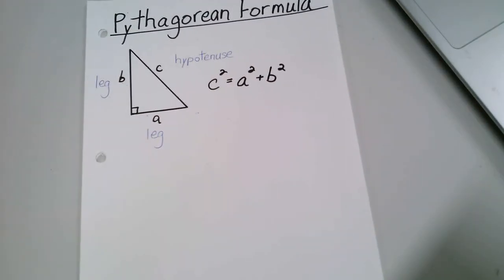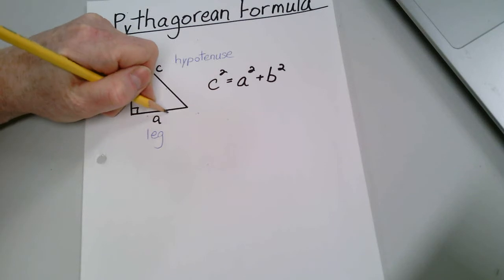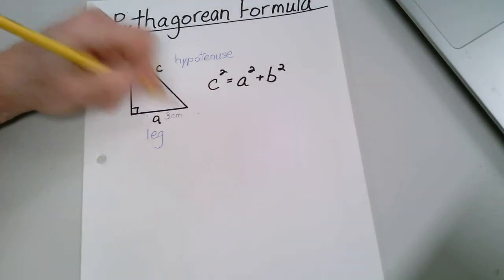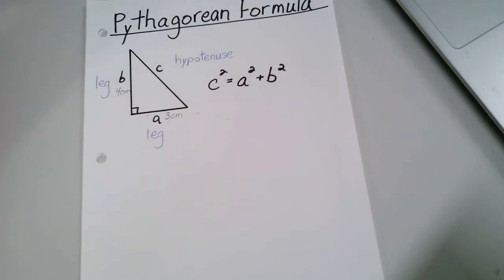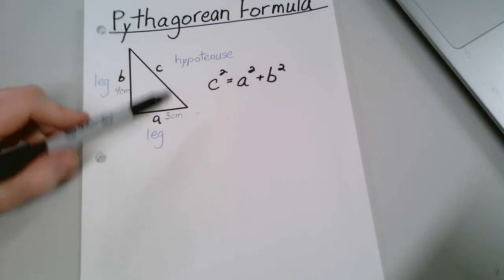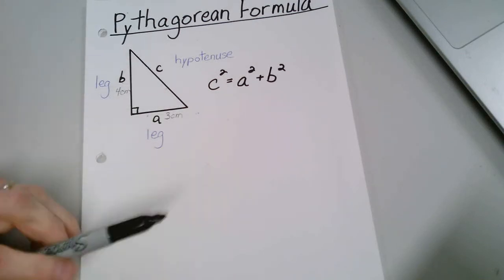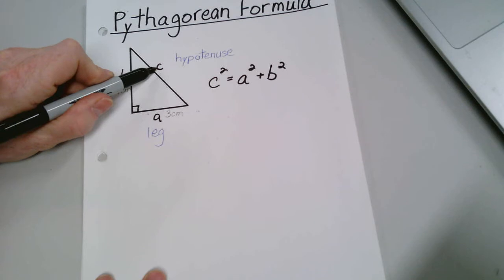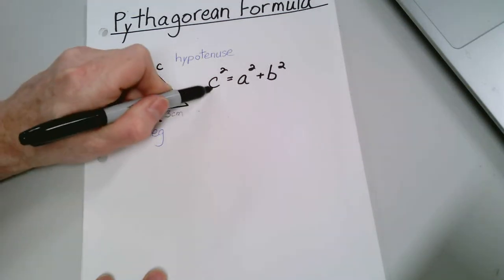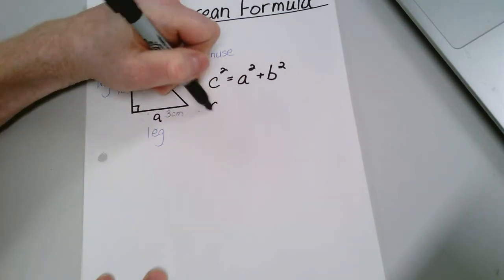So let's actually do a question here. Let's say that this leg is 3 centimeters and this one is 4 centimeters. And now we're going to try to figure out the length of this side using the formula. Now, because we're trying to figure out C, we put nothing for C. We just leave it as is.